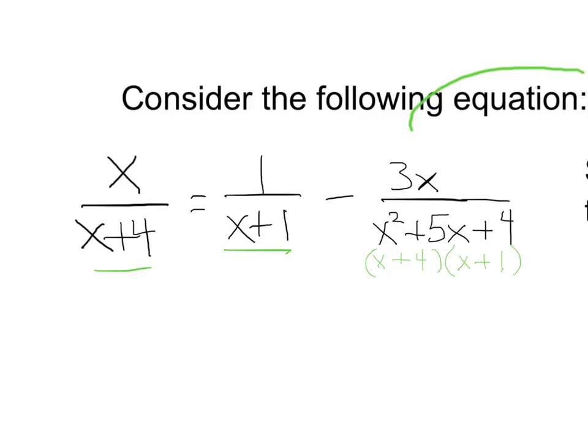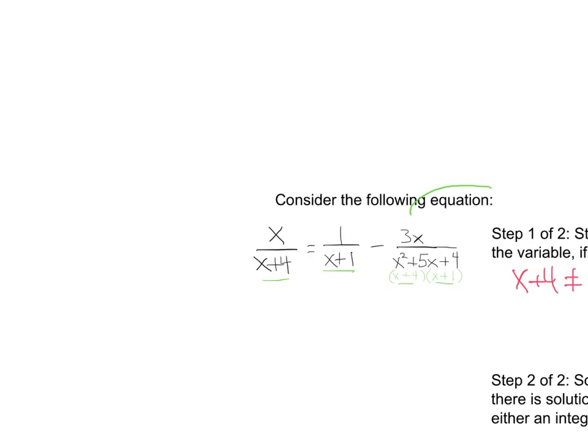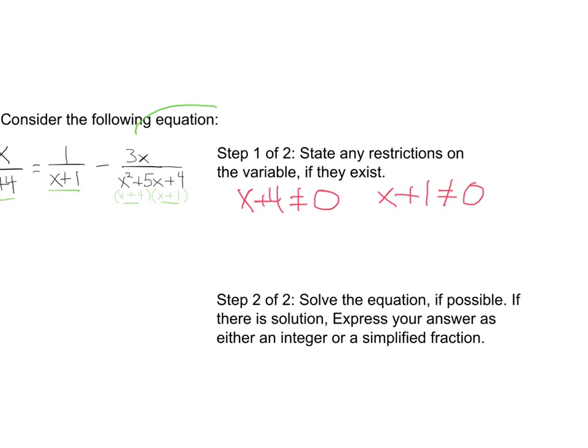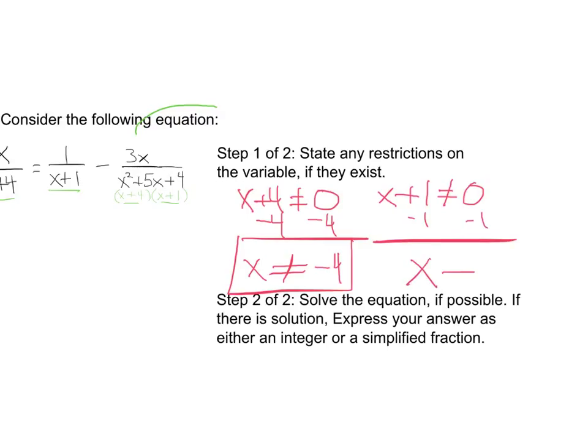So whatever restrictions we have for those first two fractions will also apply there and there. So subtract 4, x cannot be -4. Subtract 1, x cannot be -1.